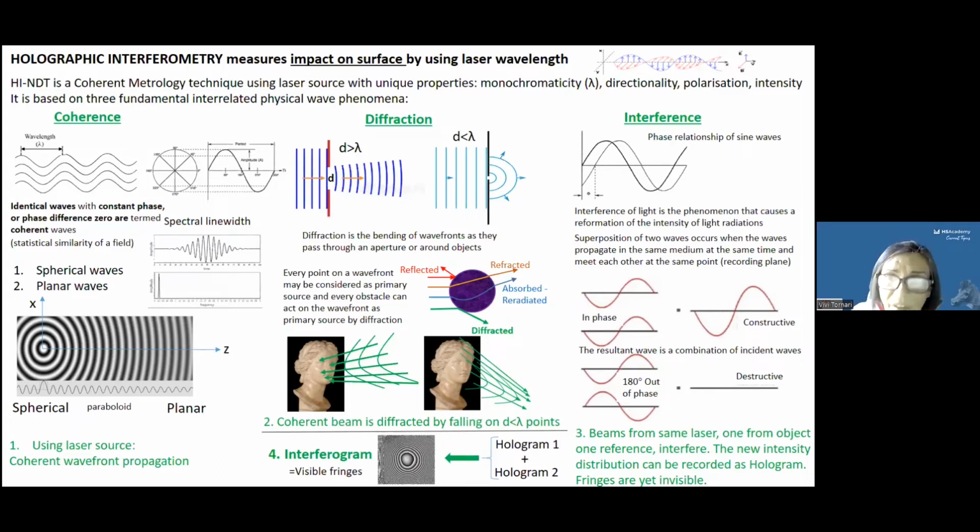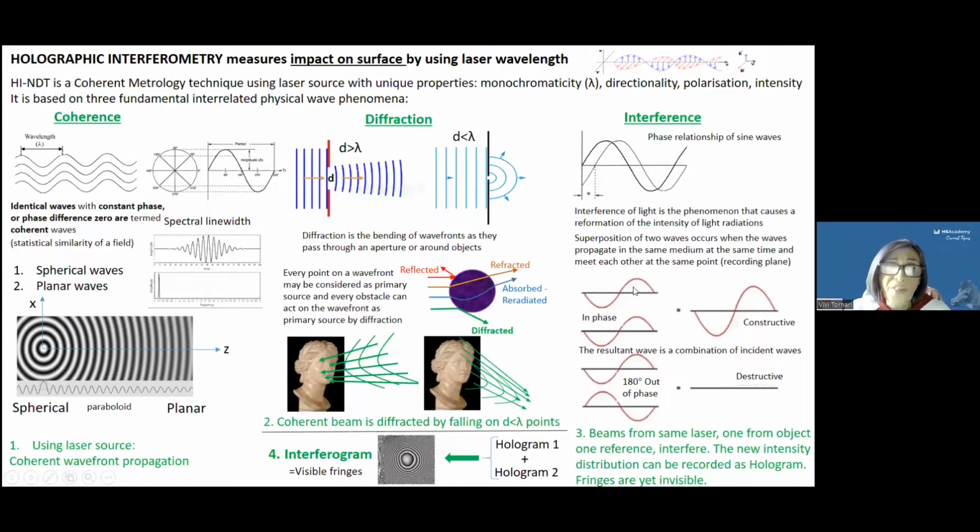The interference phenomenon is just a redistribution of the intensity of the radiation of our light. And by superposition of these waves, depending on whether these waves meet each other in phase or out of phase, we can create constructive and destructive interference.